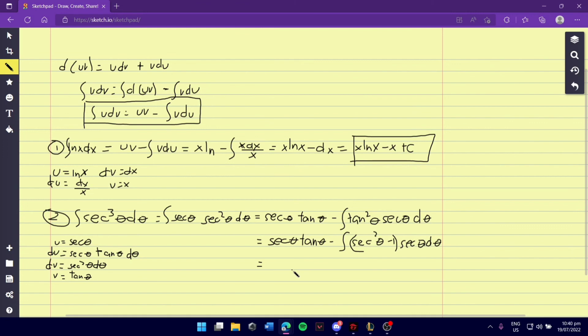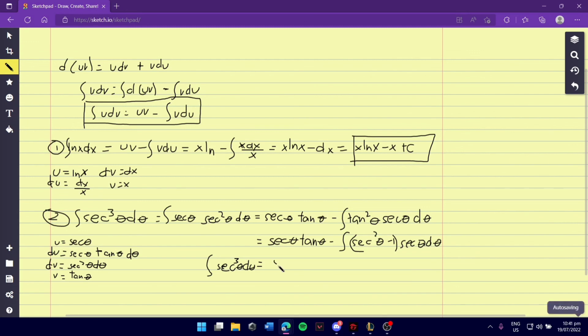So now we will combine it. In order to solve this, we will copy the given first: the integral of secant cubed theta d theta.